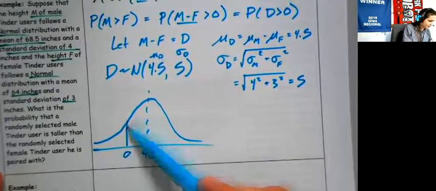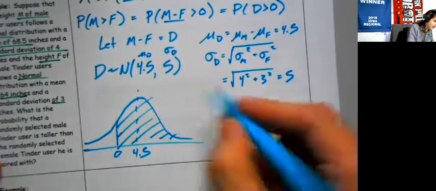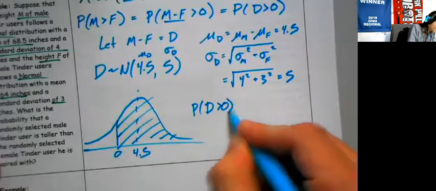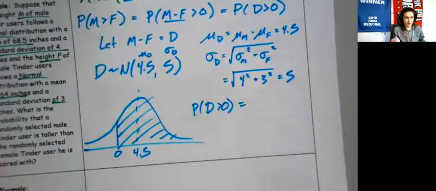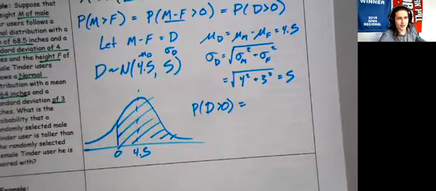We're looking for that probability. So to find the probability that D is greater than 0, what are we going to do? We have a normal distribution now. Pause it. Try and figure it out for yourself.